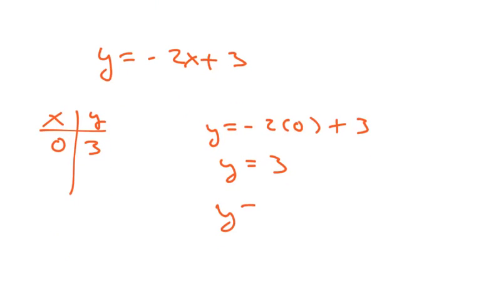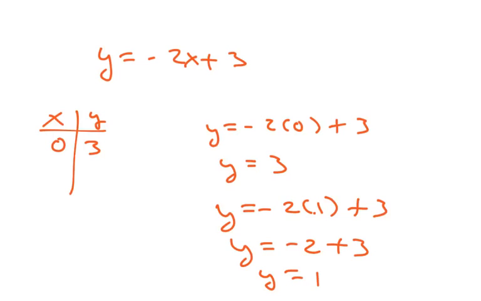If I plug in 1, y becomes 1, so on and so forth. If I plug in 2, it actually drops by 2, so it's going to become negative 1. If I plug in 3, I'm going to get negative 3. If I plug in 4, I'm going to get negative 5, etc.